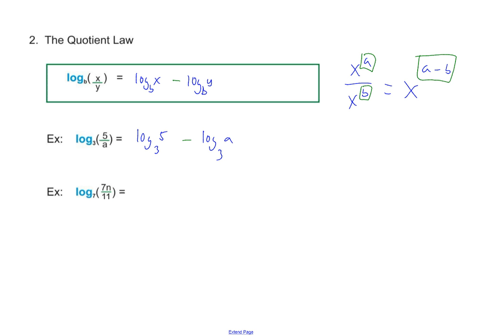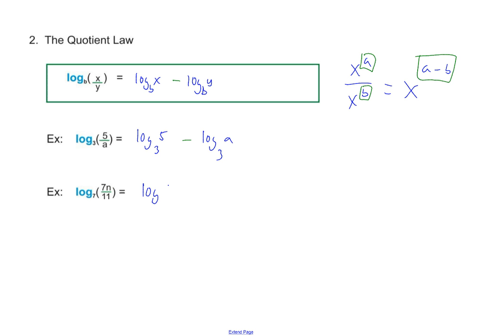You can get creative in that second example. And would you agree that this would be, how about 7? Whoops, got my 7 in the wrong place.